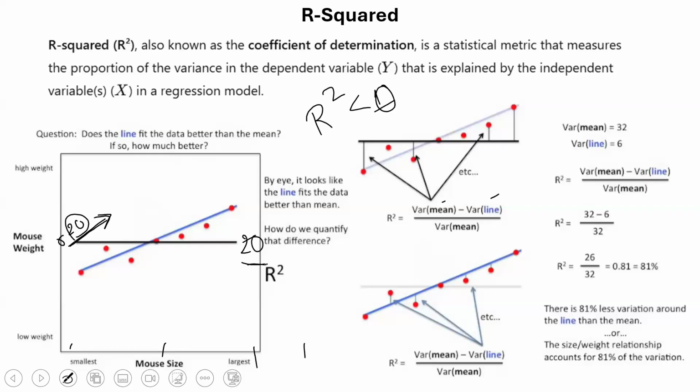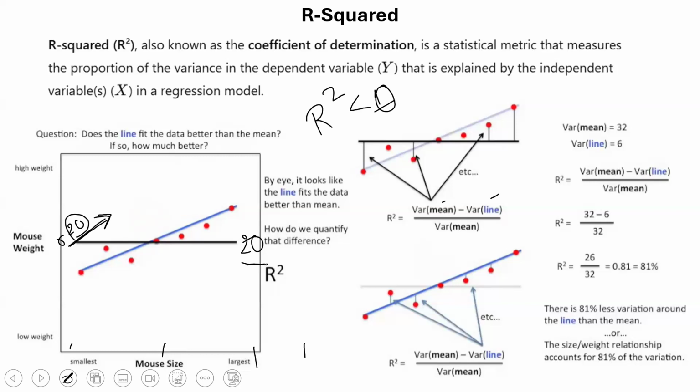Because you're not fitting any line, you're just picking the mean value, which is the best representation of all the data points. Mean is nothing but a central tendency, the best representation of all the data points.